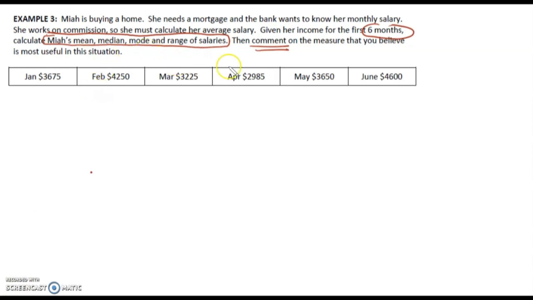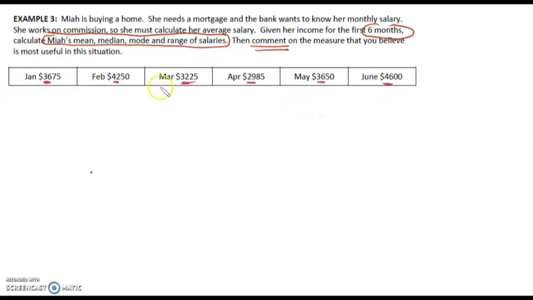So let's list these first. Okay, so for the smallest number, I have to look at the first two digits. We have 36, we have 42, 32, 29, 36, and 46. So I'm going to look at the first two digits. If they're identical, I obviously keep going.